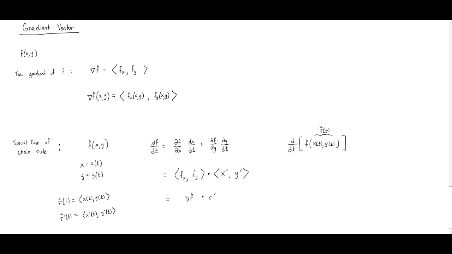So the derivative of this composition is equal to the gradient of f evaluated at r of t, and then dot product with the derivative r prime of t. So this is sort of a special case of the chain rule.